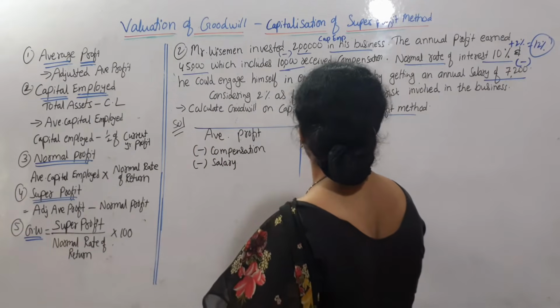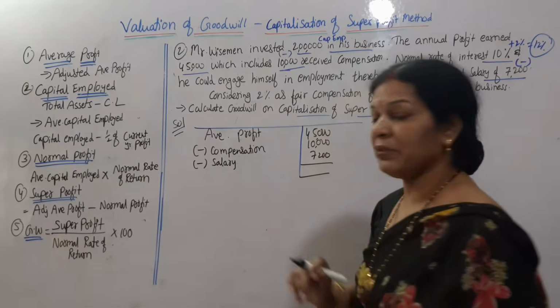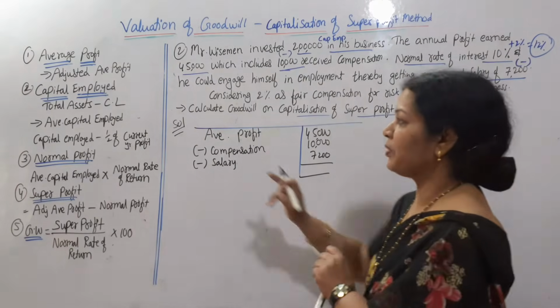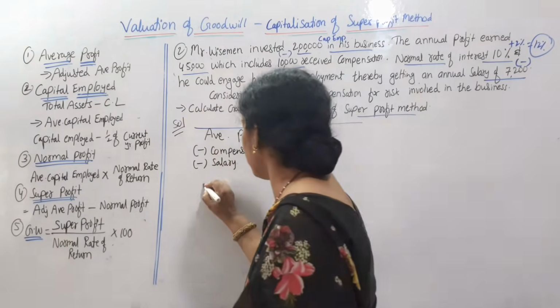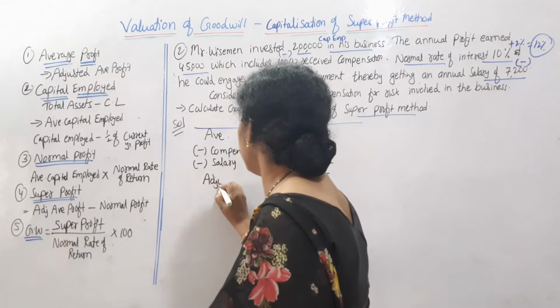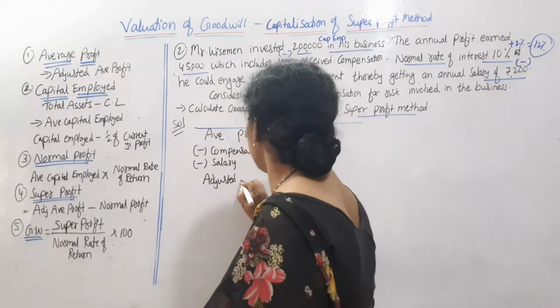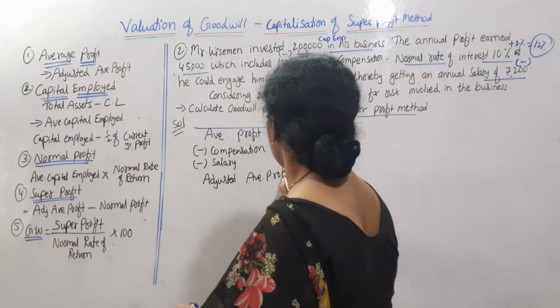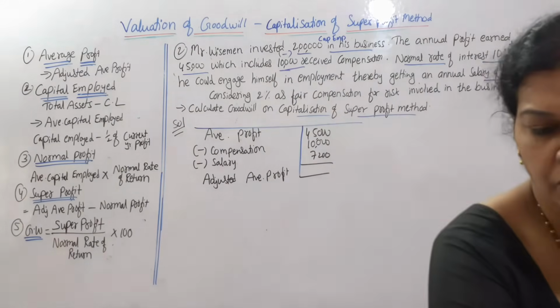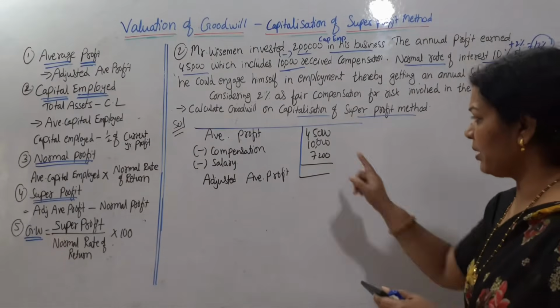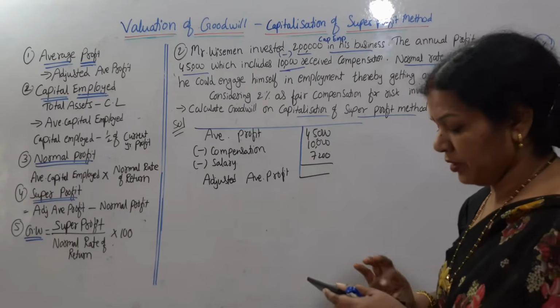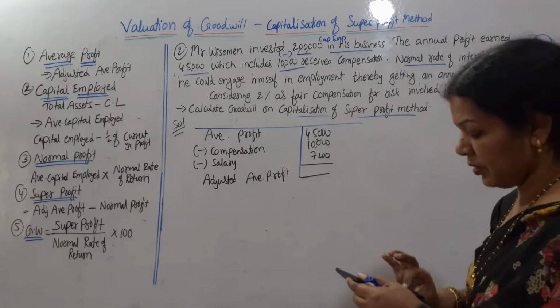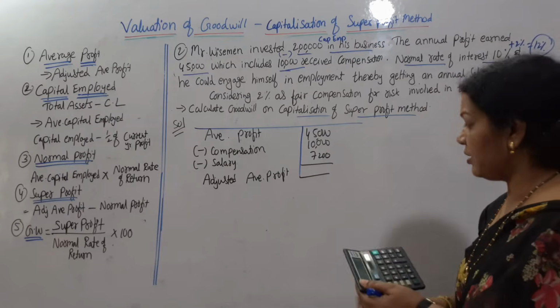Whatever we get is the adjusted average profit. We'll use the calculator. 45,000 minus 10,000 means 35,000. 35,000 minus 7,200 is 27,800.